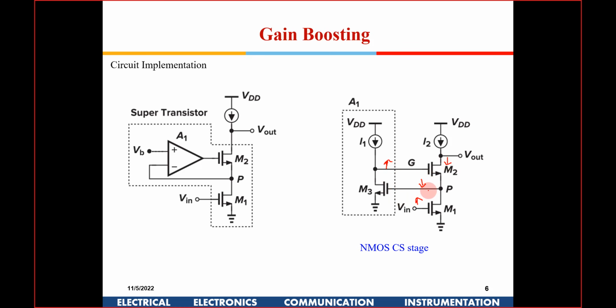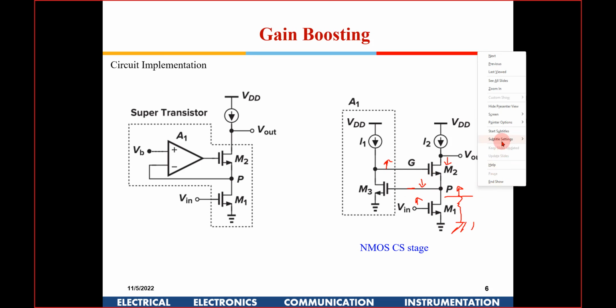More current will start flowing here through R0 of this transistor. So this voltage will tend to increase. So this will try and maintain at the same level. Is it okay? Yes, sir.